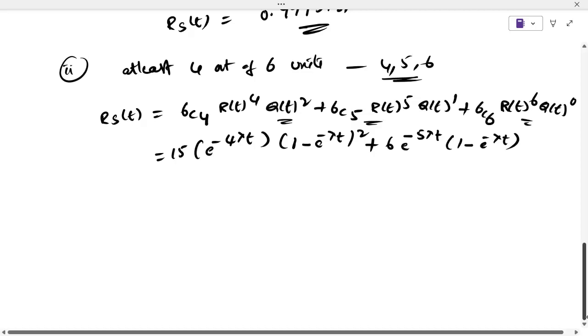Now this last term we are writing plus, what is that, R of t whole power 6. So now 6C6 is equal to 1, e power minus 6 lambda t.